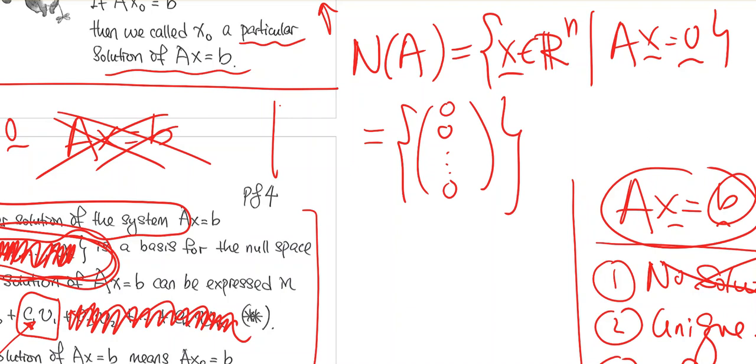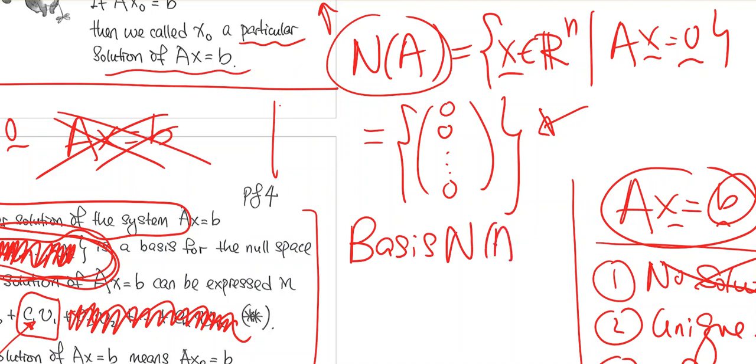And you also know from subspaces that this is a vector space. The smallest possible vector space is the set containing 0. So if your null space of A is so small that it's only this, then you actually do not have a basis. If I ask you to find a basis, what's the basis for the null space of A? It does not exist.